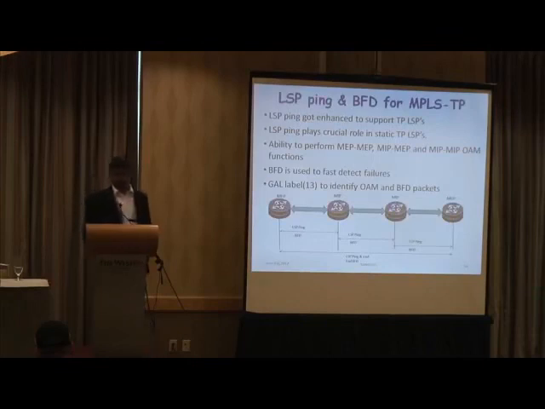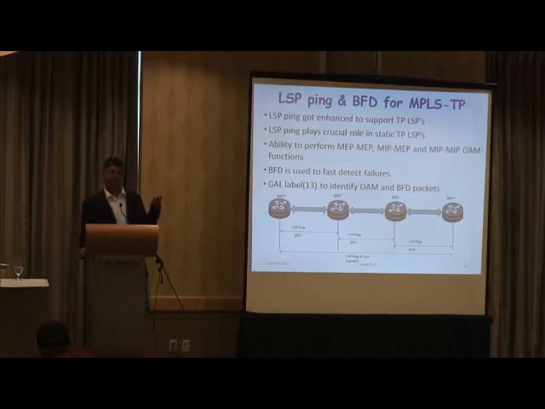So this is what I was explaining. LSP ping and BFD are used in MPLS TP where IP is not present. So it uses a GAL-GACH mechanism. A specific label is identified to process the packet.